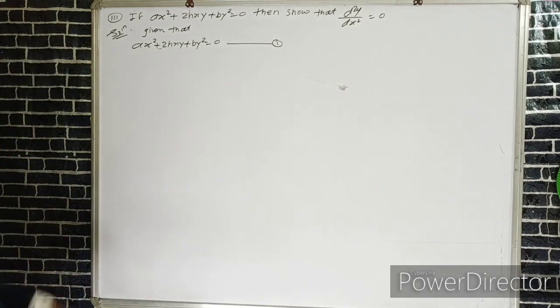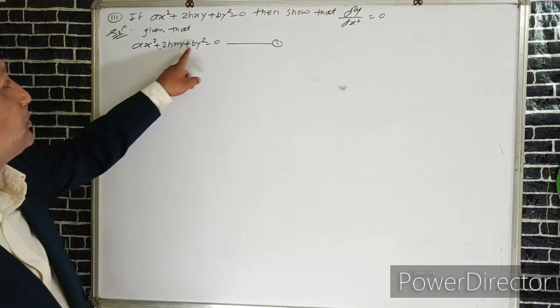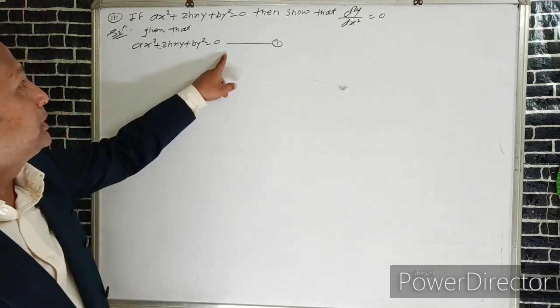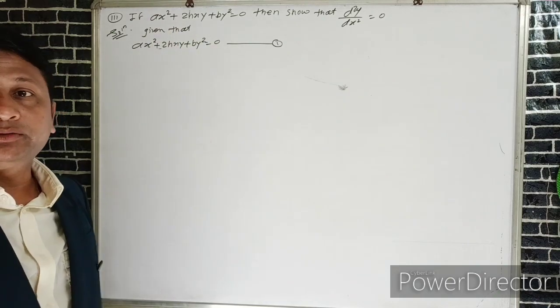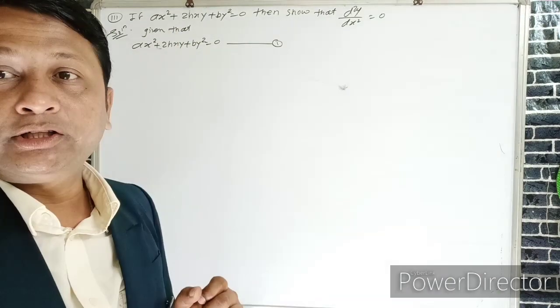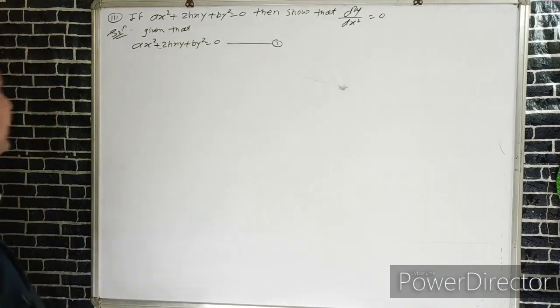The given function is ax square plus 2hxy plus by square equals 0. This is a homogeneous equation. So first we have to find y by x.